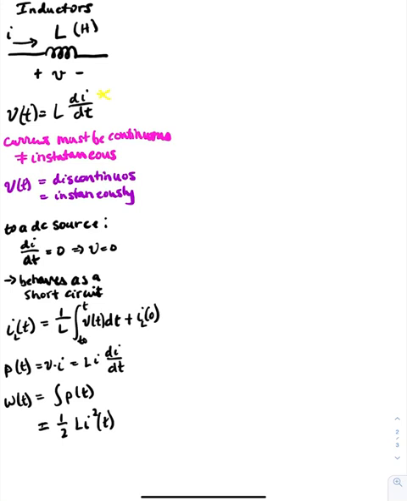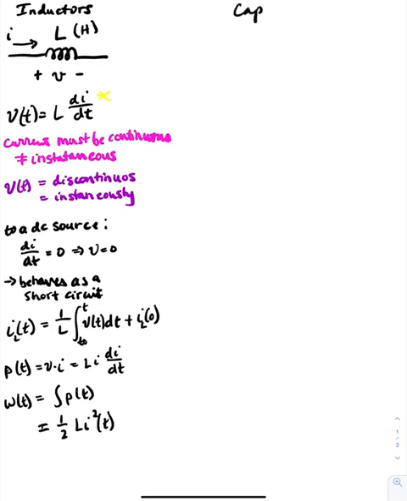All right, capacitors. Capacitors look like this, are drawn like this, and the symbol is C, and they are expressed in farads, typically microfarads. And again, the current enters the positive terminal of the capacitor and exits the negative terminal.